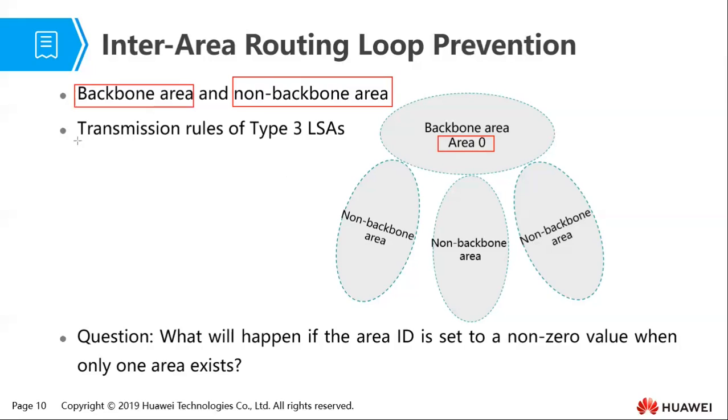So we have what we call transmission rules of type 3 LSAs. The first one is this: all non-backbone areas must be connected to area 0.